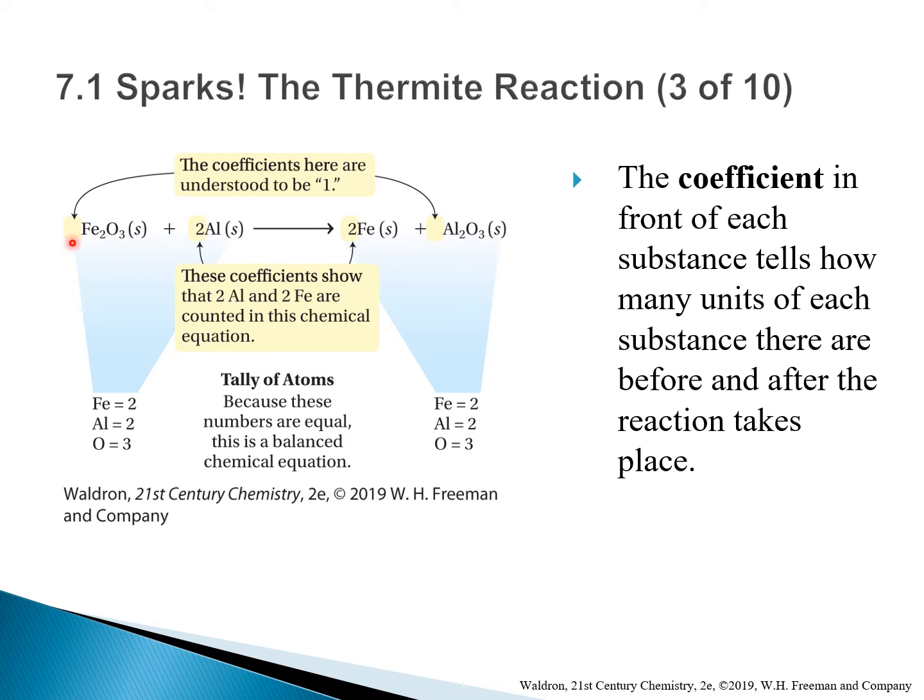If there's no coefficient, it is understood to be number 1. In the thermite reaction, 2 atoms of aluminum react with 1 formula unit of iron oxide to produce 2 atoms of iron and 1 formula unit of aluminum oxide.